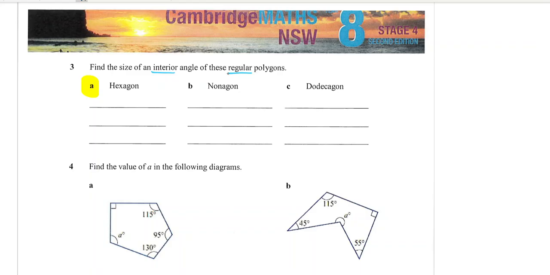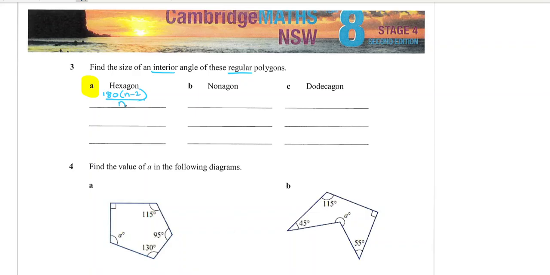So all you have to do is use the formula from the last question, 180 n minus 2. That would tell you the angle sum of the whole shape. But then you divide it by the number of sides again so that you know what one of the angles is going to be.